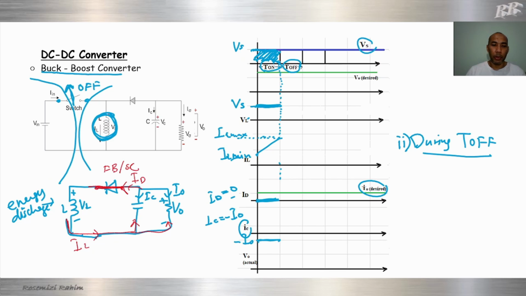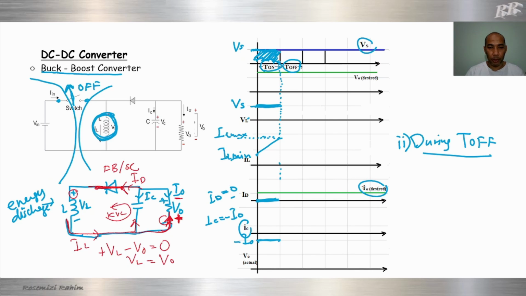We do KVL here: plus VL minus Vo equals 0, so VL equals Vo. But the current flows from the bottom, which means this terminal will be positive and this terminal will be negative.